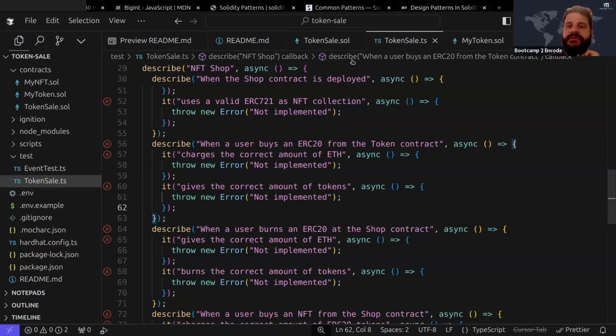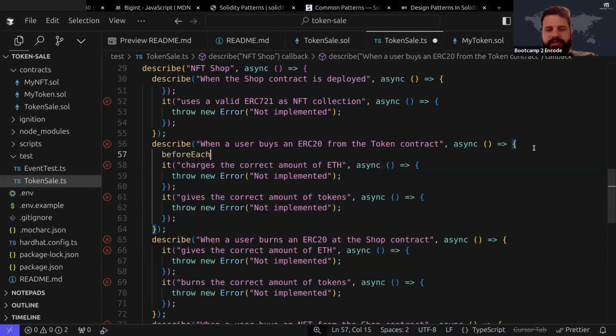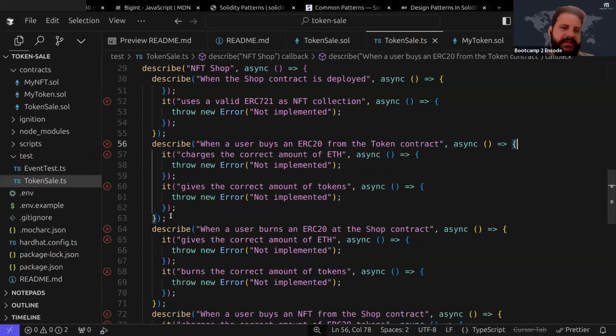Here, people, I could even do another fixture, okay? I could do something that is a before-each hook that is called before each of those test functions. For today, since we are low on time, I'm going to speed through this.